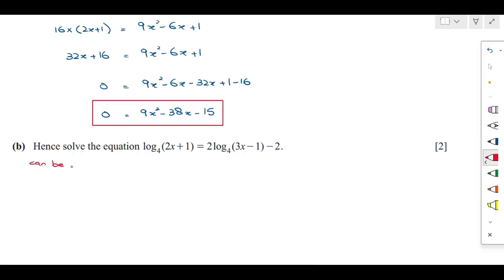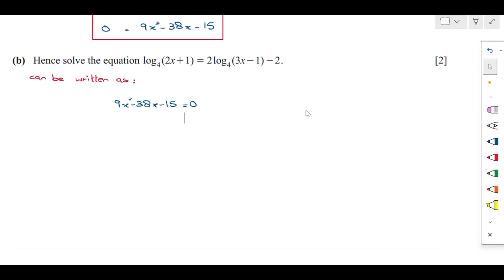It can be written as the quadratic equation 9x square minus 38x minus 15 equals 0. So we need to solve that equation, right? Okay, so it's better to apply the quadratic formula.